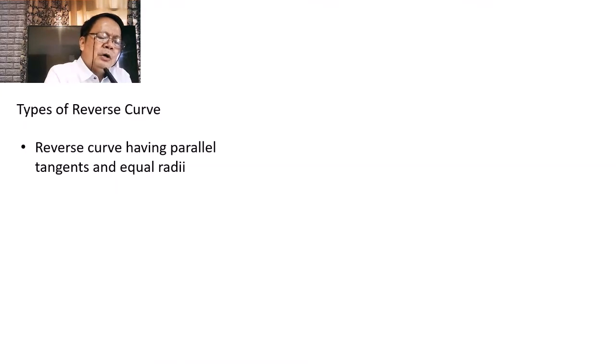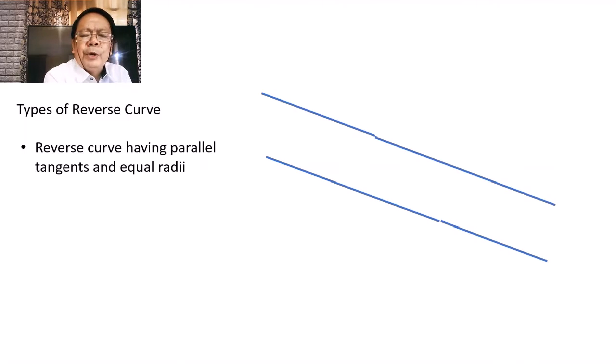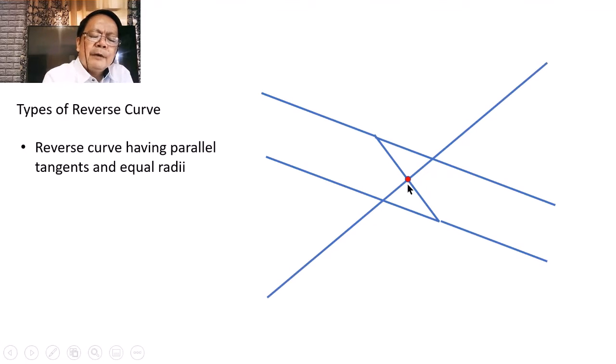An example of this type is that whenever you have here parallel tangents and on the parallel tangents, we connected a reverse curvature that runs in this direction. Kumbaga, from the center of this common tangent, we draw a line that is perpendicular, and then at the same distance from the point of intersection up to this point, we connect, we call this as our V sub 1.